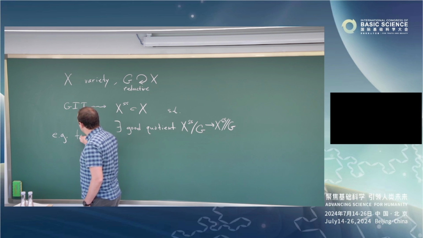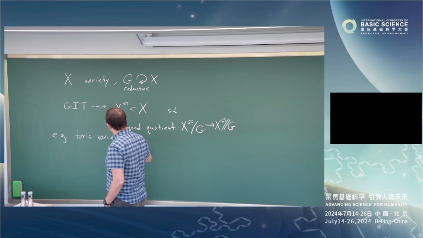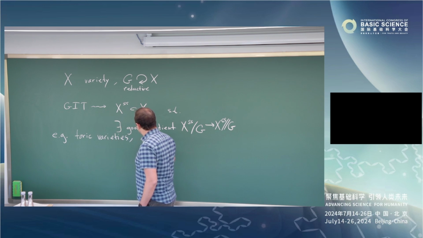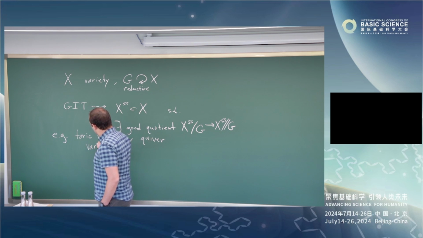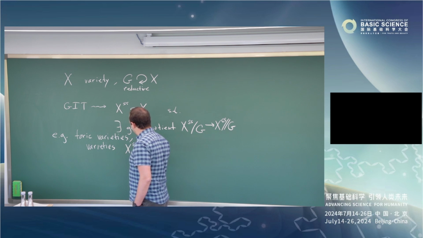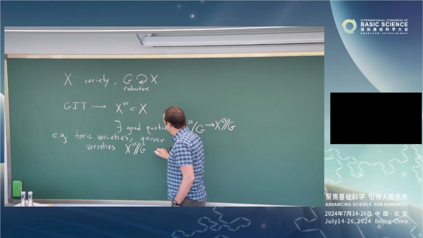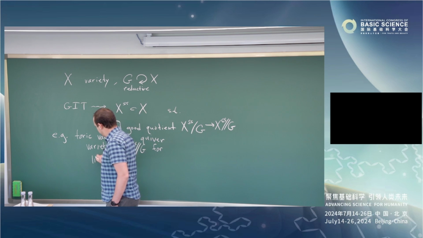So toric varieties, or quiver varieties. These all arise as X semi-stable mod G for some linear representation.